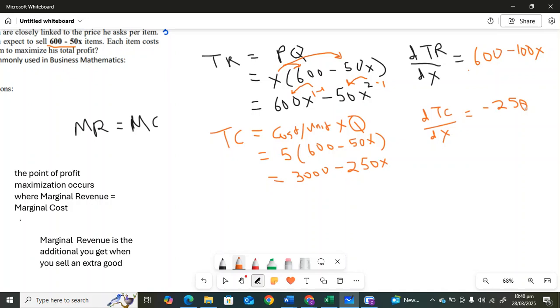Then after you've derived your functions, you equate marginal revenue to marginal cost, meaning this 600 minus 100x, this is our marginal revenue. You put it here, 600 minus 100x equals marginal cost negative 250.